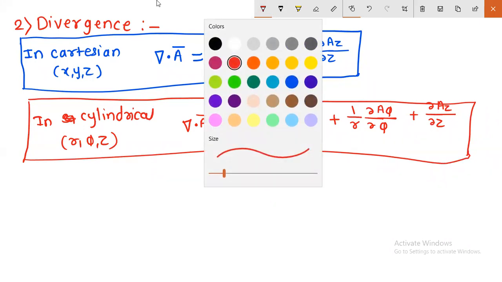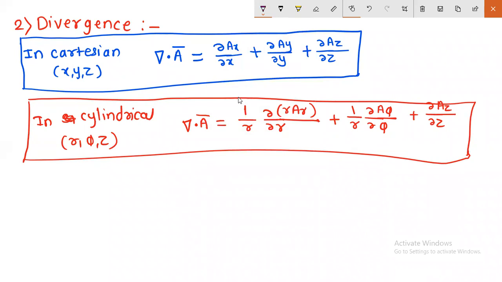And third is in spherical, having coordinates r, theta and phi.